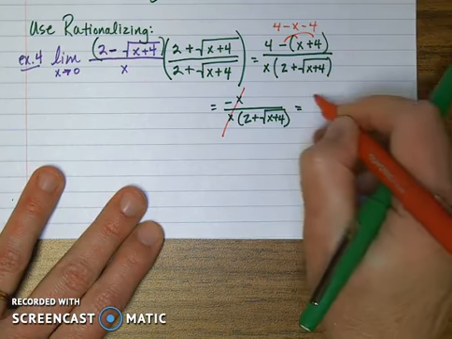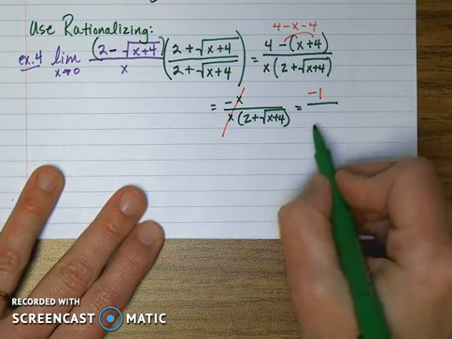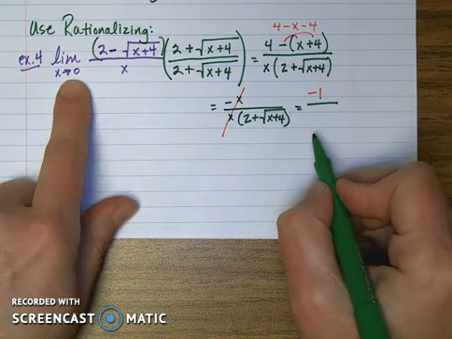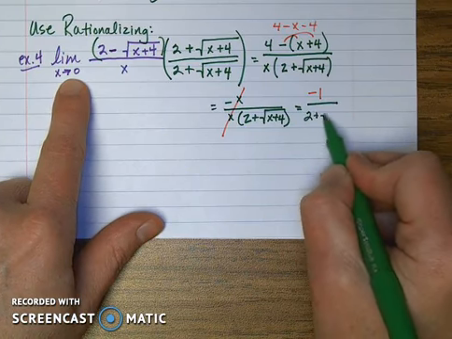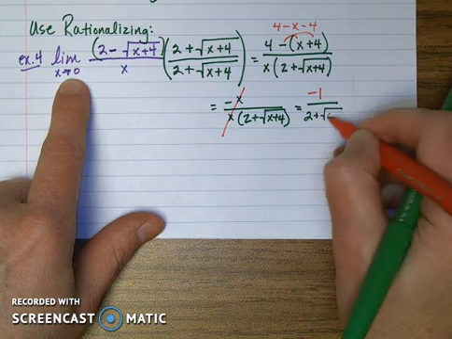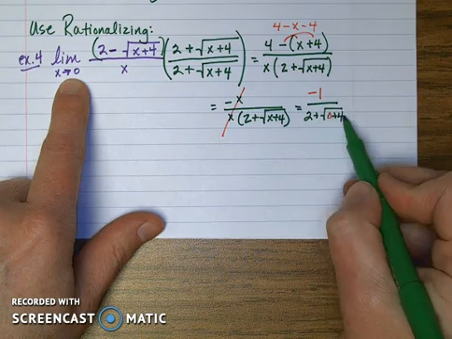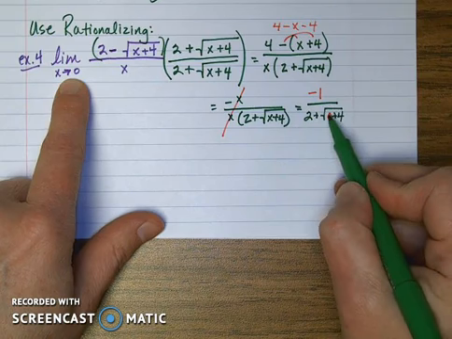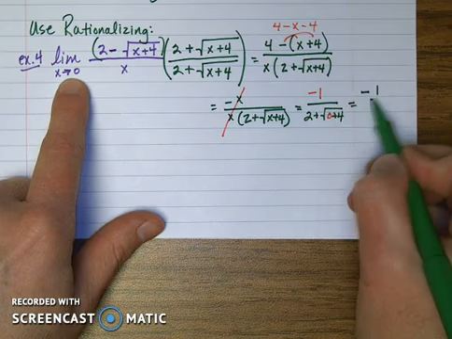Don't forget that. You have a negative 1 over, and now we're going to plug in the 0. So I have 2 plus the square root of 0 plus 4, and that gives me the square root of 4, which is 2 plus 2. I have an answer of negative 1/4.